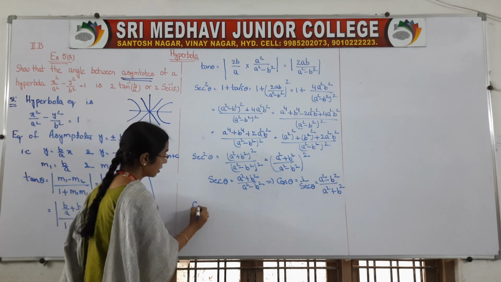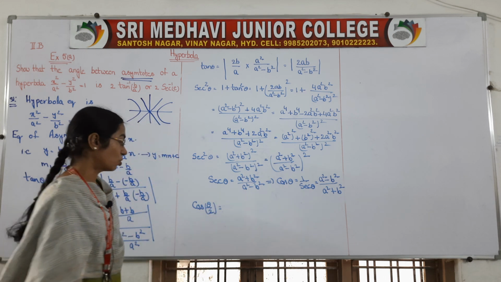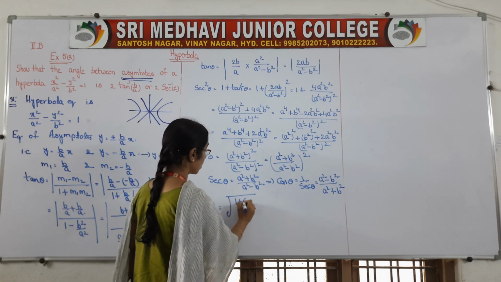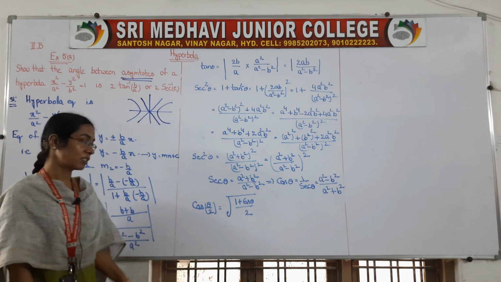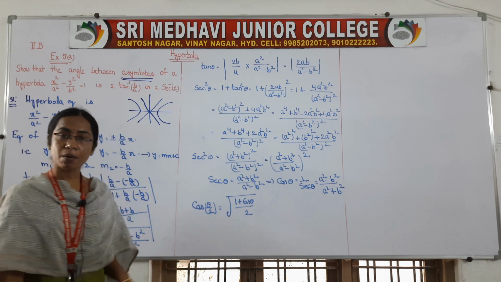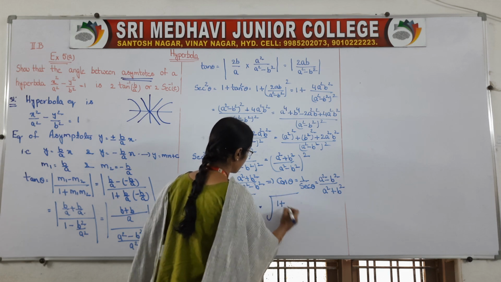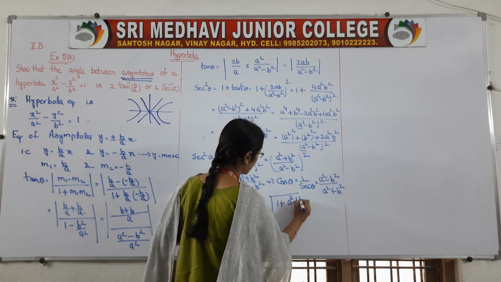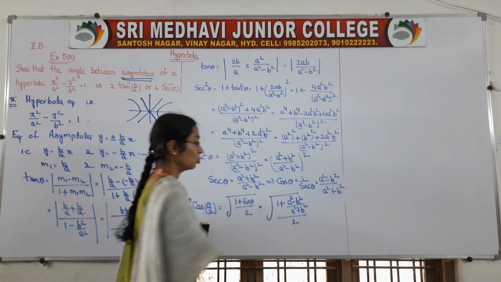Now take the formula for cos(θ/2). There is one formula: cos(θ/2) is equal to root of (1 + cosθ) divided by 2.